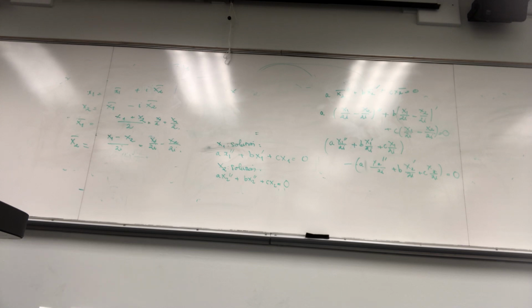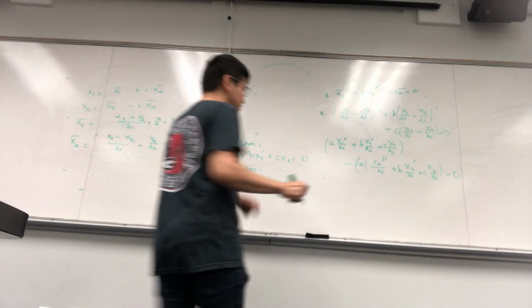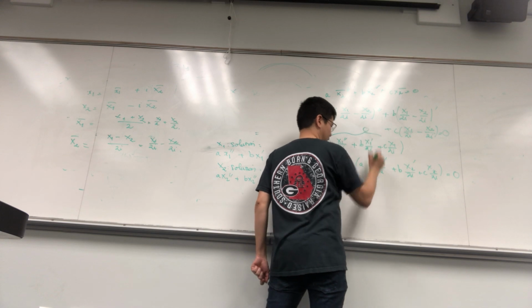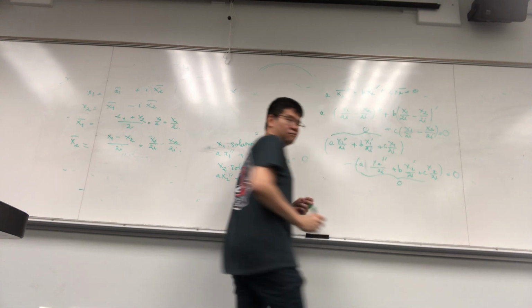Why is it? Because we previously proved that both x1 and x2 are solutions to the equation, and you can just factor out the 1 over 2i. Because this is 0 and this is 0, right?